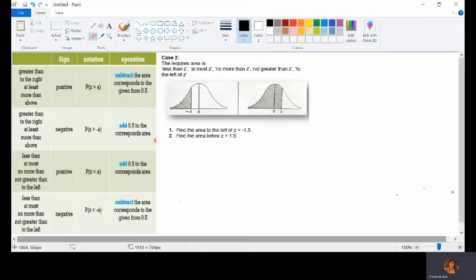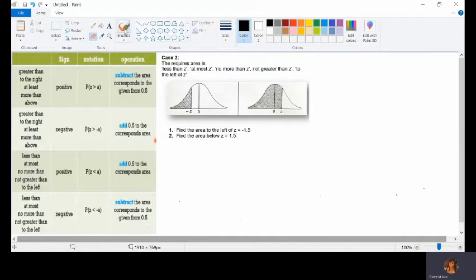Example number 2 for our case number 2. We're going to find the area below Z equal to 1.5. So in our chart, it says below, which is also similar to the left, not greater than, no more than, at most, less than.